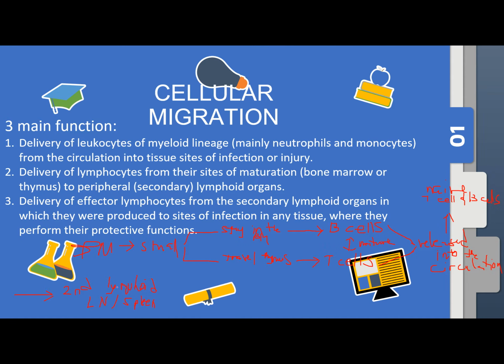Now, when they go to the secondary lymphoid organs, such as the lymph nodes and the spleen, they would encounter antigens.